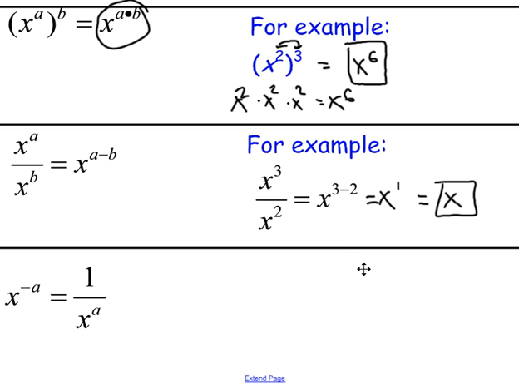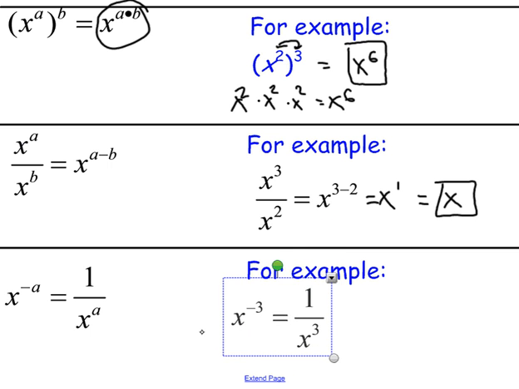So for example, x to the negative 3. I want to make that negative exponent positive. So what I have to do is move it to the denominator. So I get 1 over x to the third. Let's look at another example.